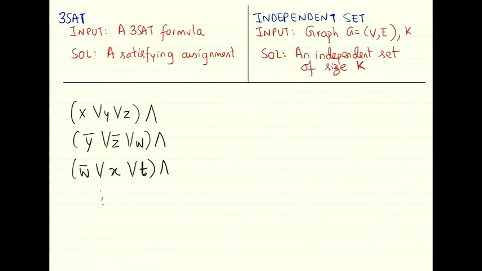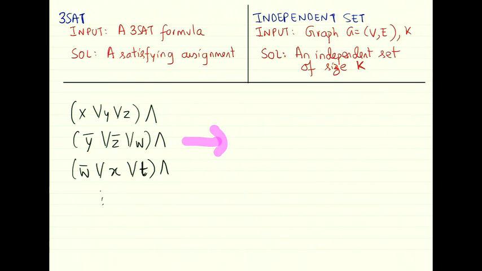Now let's see how to reduce from 3-SAT to independent set. The reduction is going to be the following. We have this 3-SAT formula, I just wrote down something here, and I want to convert it into a graph.